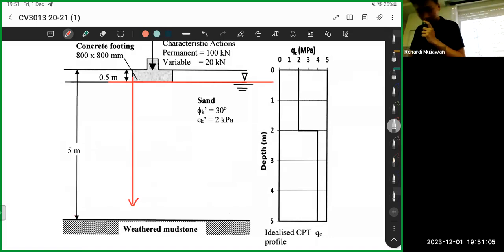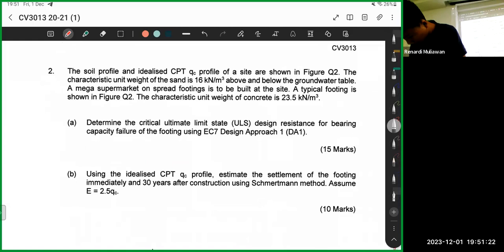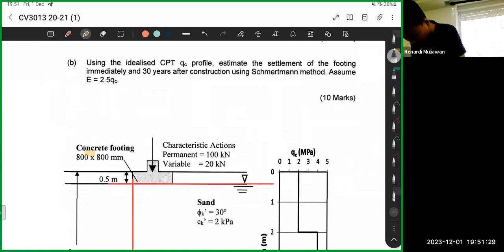Second one is, you see there are three stress values there, and there's also the IZP. Wait, is this a square footing? Let me see. Spread footing. Oh, this one, 800 by 800.